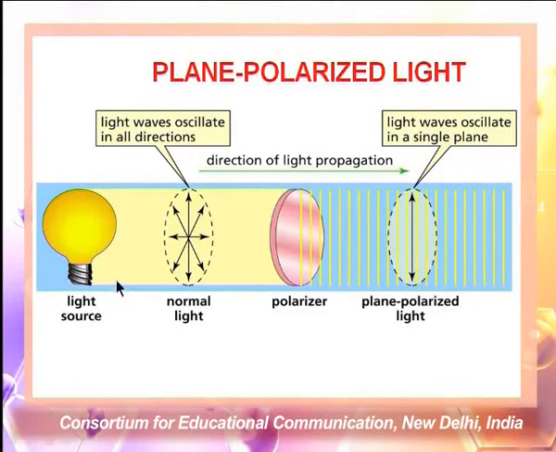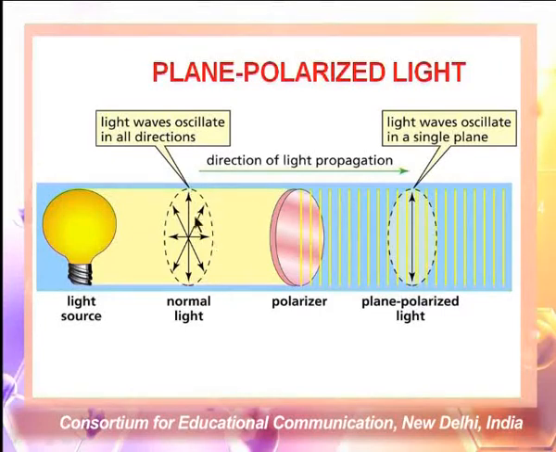We have a light source, and normally we take a monochromatic light. So here we have taken a sodium lamp, and when this monochromatic light comes out of the sodium lamp, its waves are oscillating in all directions.